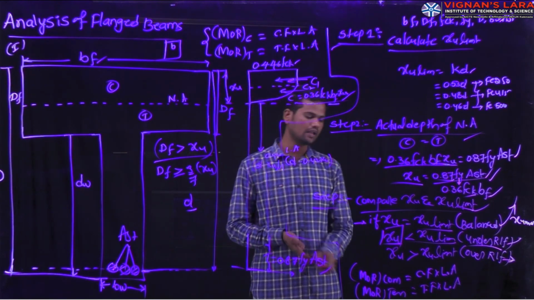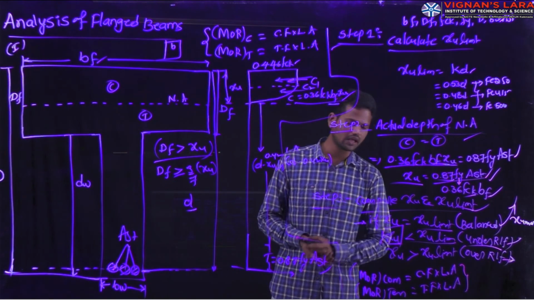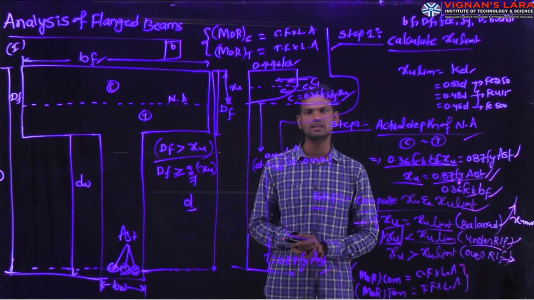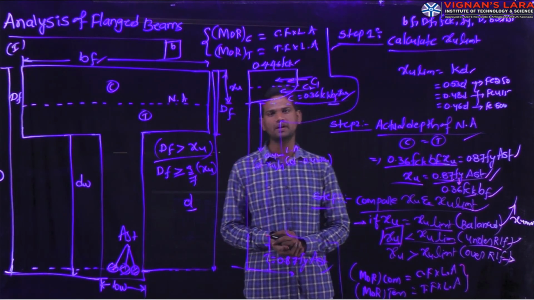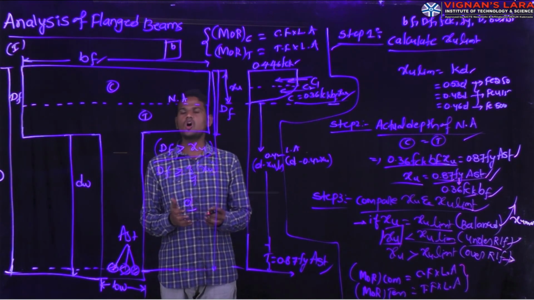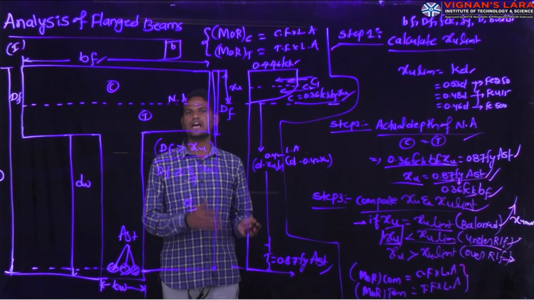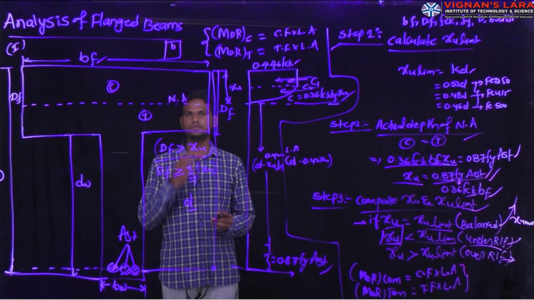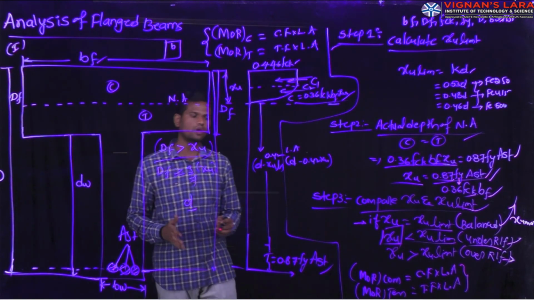And next we have the moment of resistance of the concrete as well as the moment of resistance of the tension zone. That means in the compression zone how much moment the beam can carry, as well as in the tension zone how much tension the beam can carry; that we have to calculate.